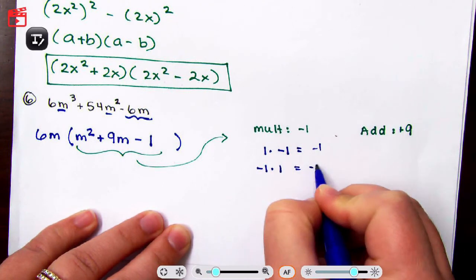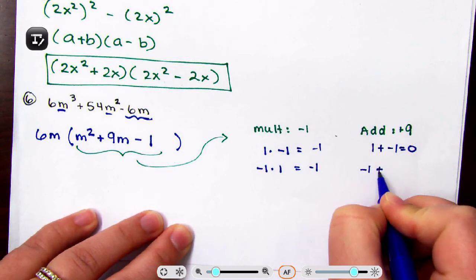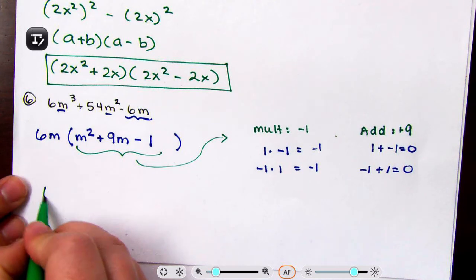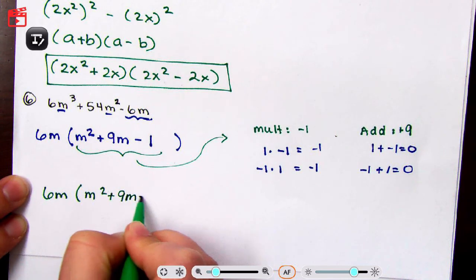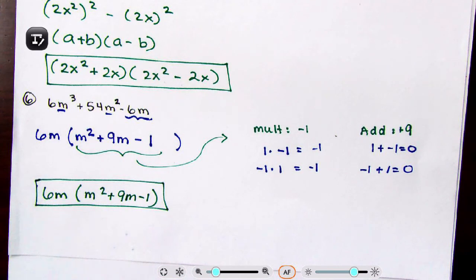That's equal to negative 1. But when I add them, that's going to give me 0, and this one also gives me 0. So this, once again, is prime, and that's okay. So our final answer will be 6m times m squared plus 9m minus 1. And our final answer is just that as our factors.